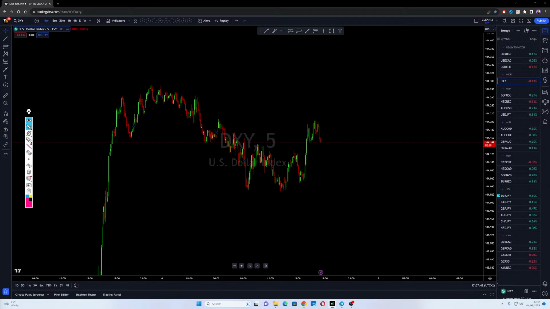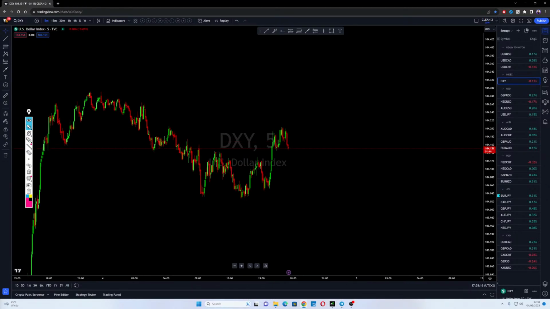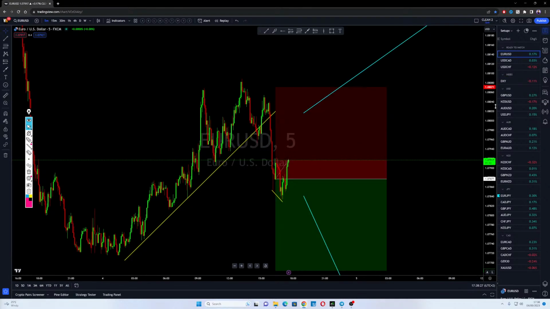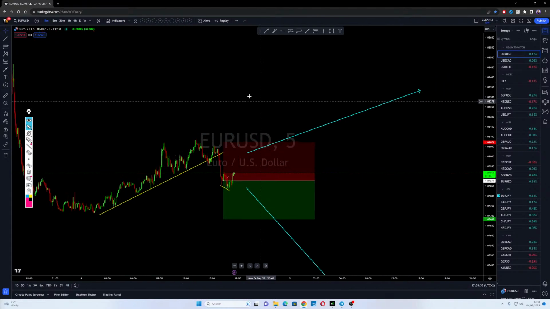Let's wait a little bit more. This one can then extend into a deeper correction.